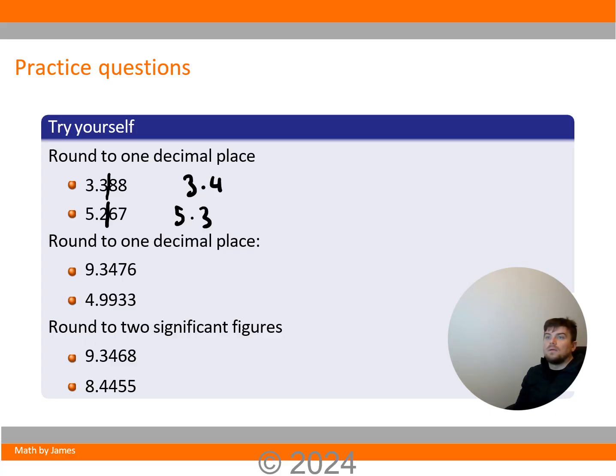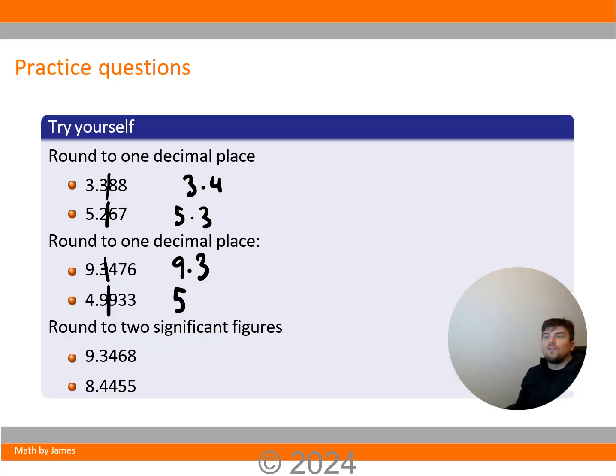So here we've got 9.3476. To 1 decimal place, we would round that down because we've got the 4. So we've got 9.3. In this one, we would round it up because we've got a 9.